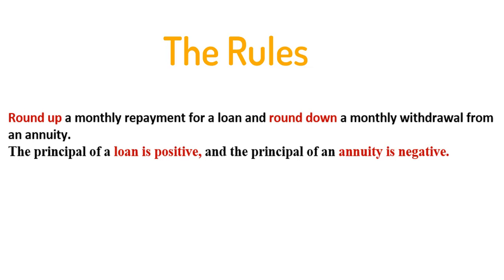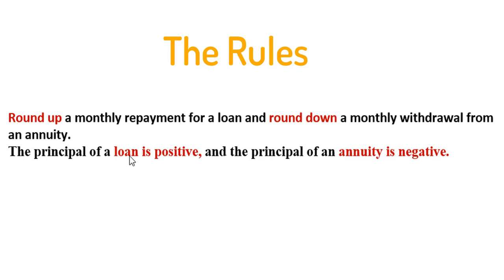Before we go to the next question, remember the rule. Round up a monthly repayment for a loan and round down a monthly withdrawal from an annuity. The principal of a loan is positive, and the principal of an annuity is negative.